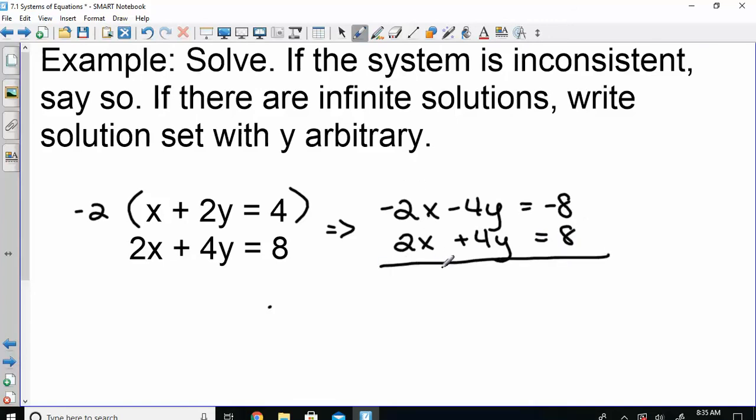So when I add those together, my x's cancel, my y's cancel, I get 0 equals 0. So is this a no solution or an infinite solutions problem? Infinite. So I said write it with y arbitrary.